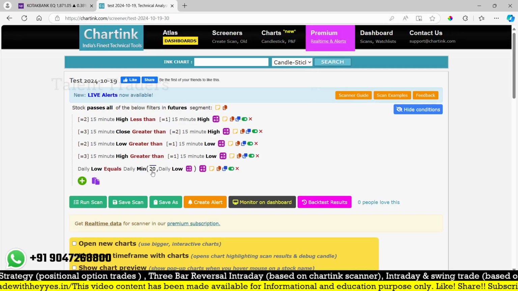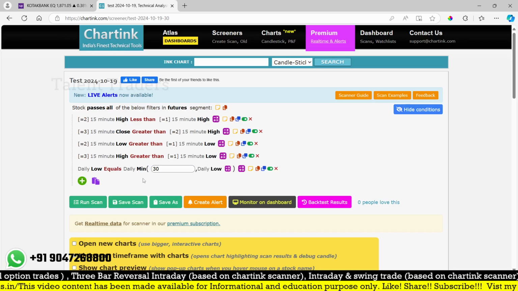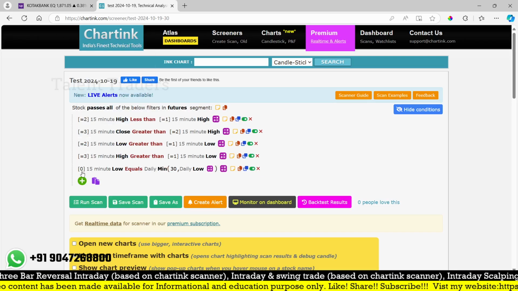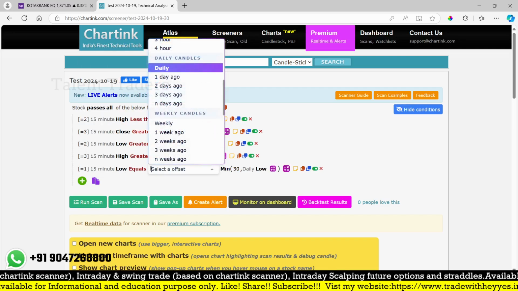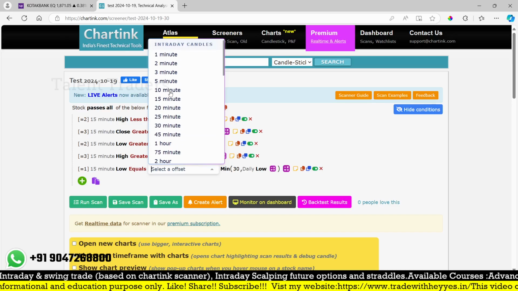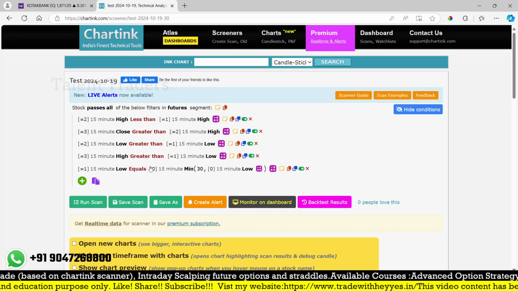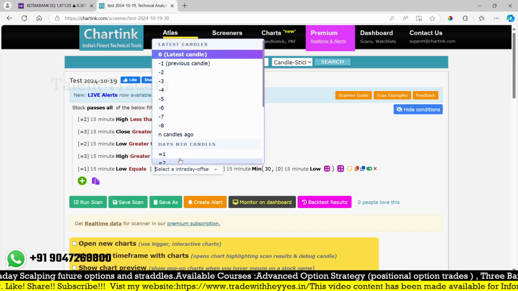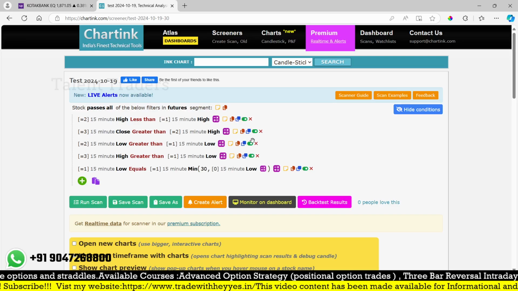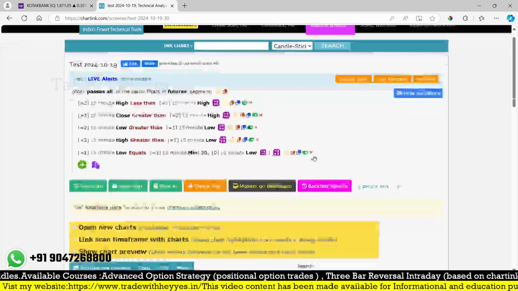The number of candles should be 30 or more, and I'm just using 15 minutes, the first 15 minutes. It's all about an intraday swing. Again, 15 minutes is good enough. Okay, that will help you find such a good opportunity if you are adding this filter.